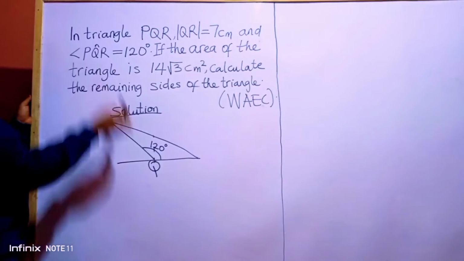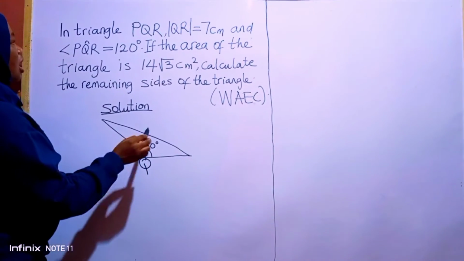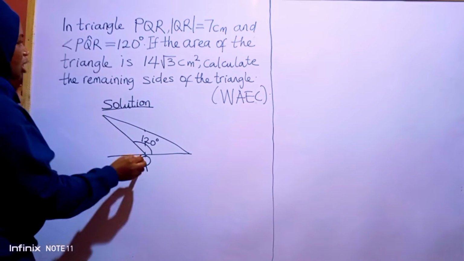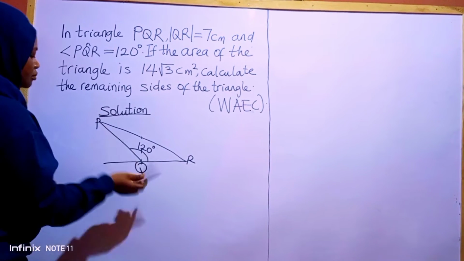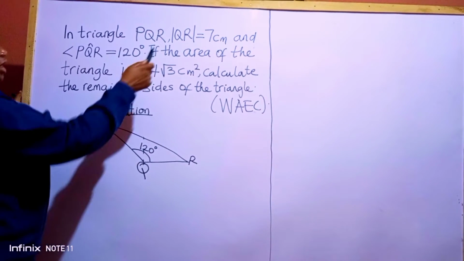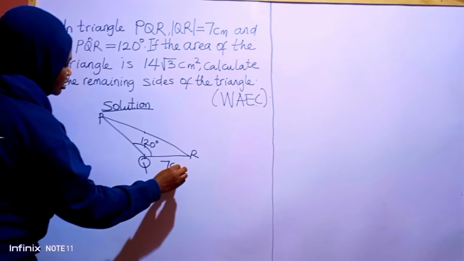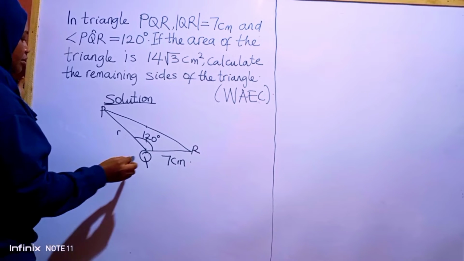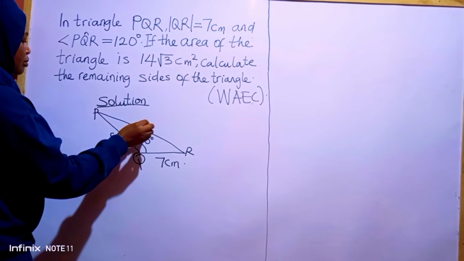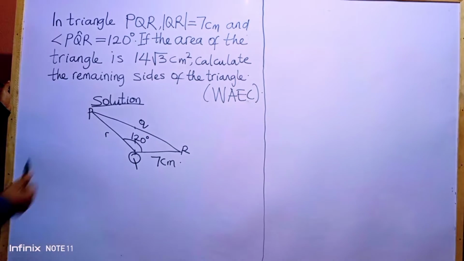So the middle one owns the angle. Now PQR, so this side will be QR and this is P. And QR is equal to 7 centimeters. So this is small letter r, this is small letter q. So we want to find these two sides.